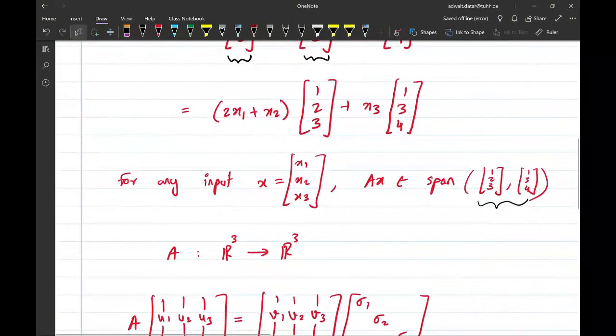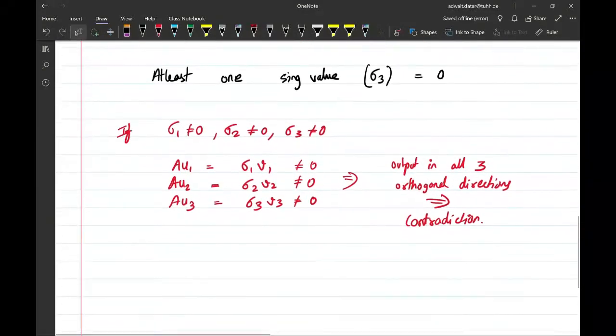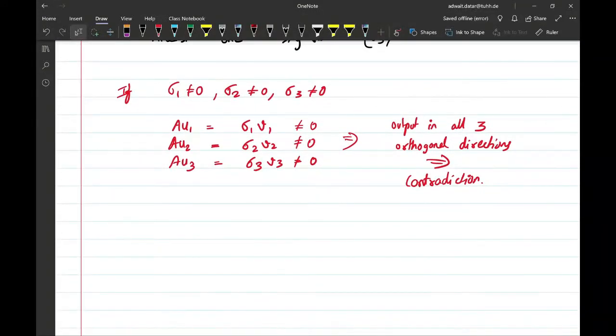So just to recall, we saw that the output has to belong to this two-dimensional subspace spanned by these two vectors. So we see that if A has linearly dependent columns, one of the singular values has to be 0.